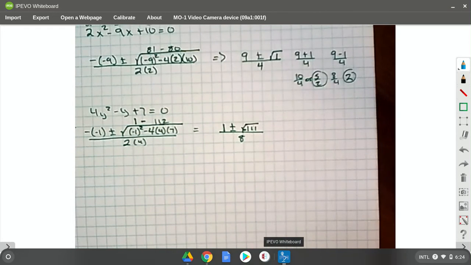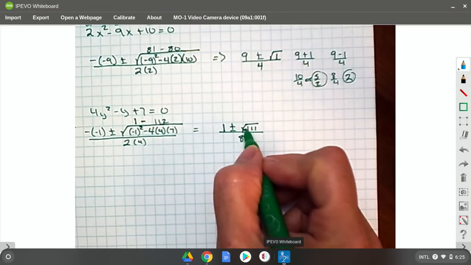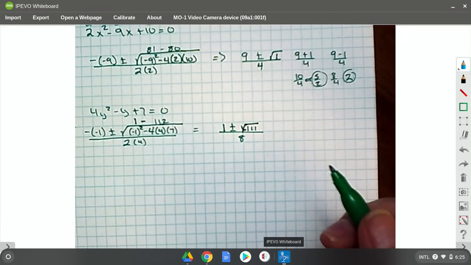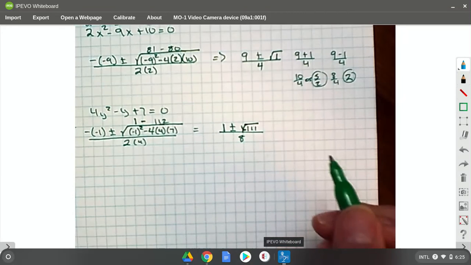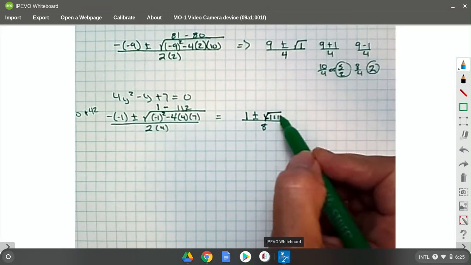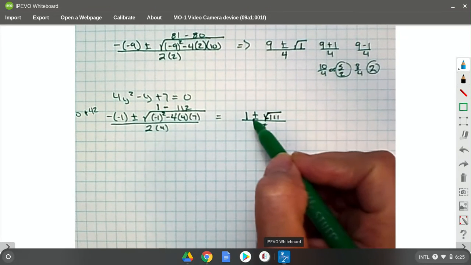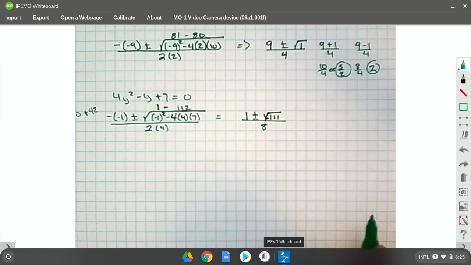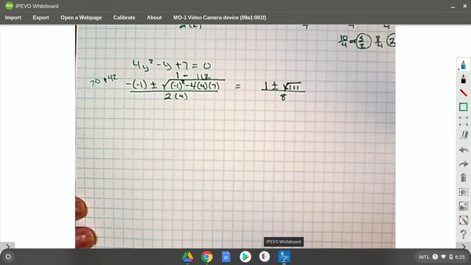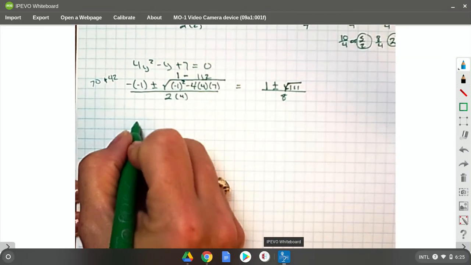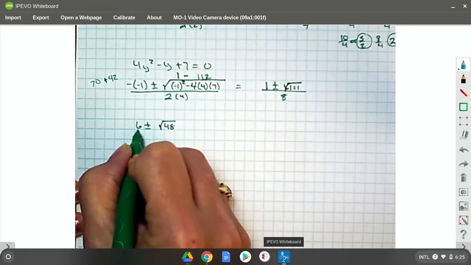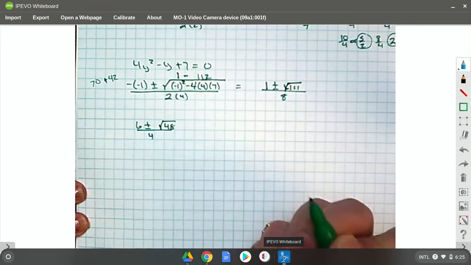Okay. I always check if this is going to be negative, and we're going to talk about that in 1.3 when I have a negative under there, and those complex numbers, you remember them as i. But I always check under here to make sure, could this simplify in any way? And remember, if it can't come out of all 3, if I had 6 plus or minus the square root of 48 over 4.